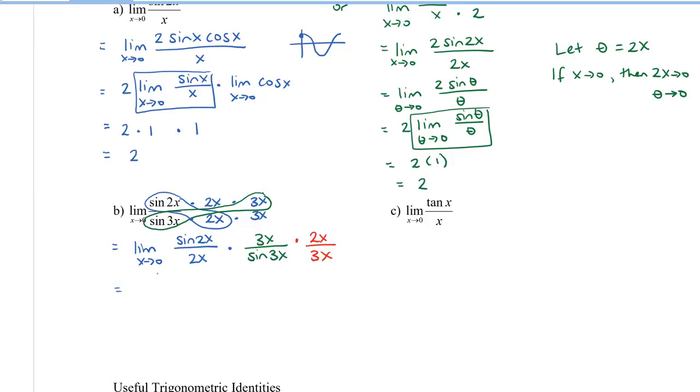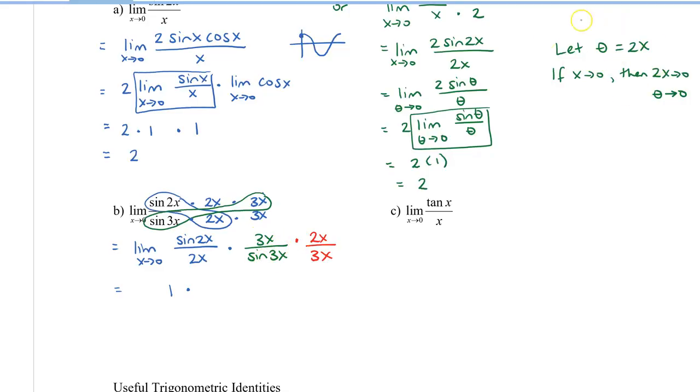All right, so using my let, which I don't need to do anymore since I've already shown you this, we know that the limit of sine 2x over 2x is the same as just saying the limit of sine theta over theta, which equals 1. So this part is 1. This green part, 3x over sine 3x, is also equal to 1.